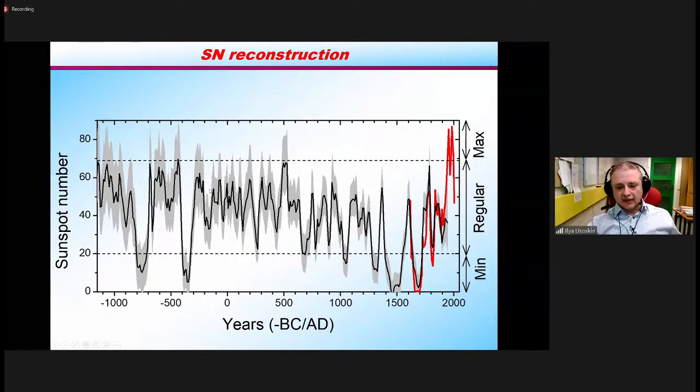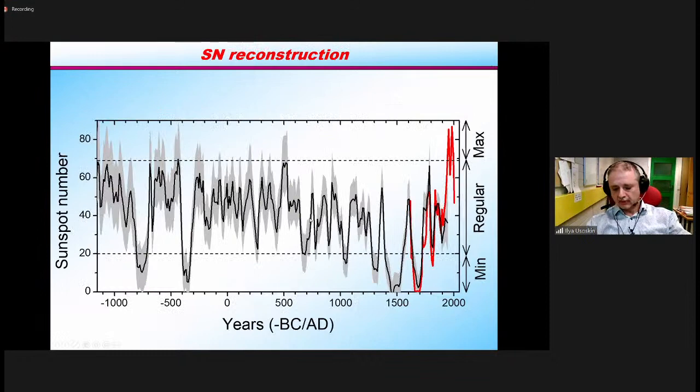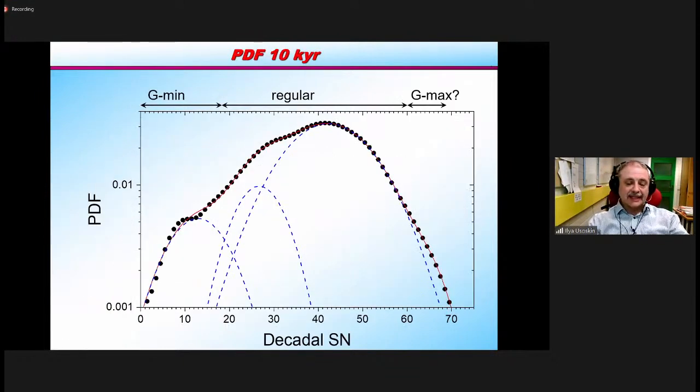Then the activity most of the time stays at roughly the same level, which is the mean level of solar activity. And there was one very active period in the second half of the 20th century, related to the modern grand maximum of solar activity. If we plot the probability density function of the values of solar activity, the sunspot cycle is not observed here; it's decadally resolved data.